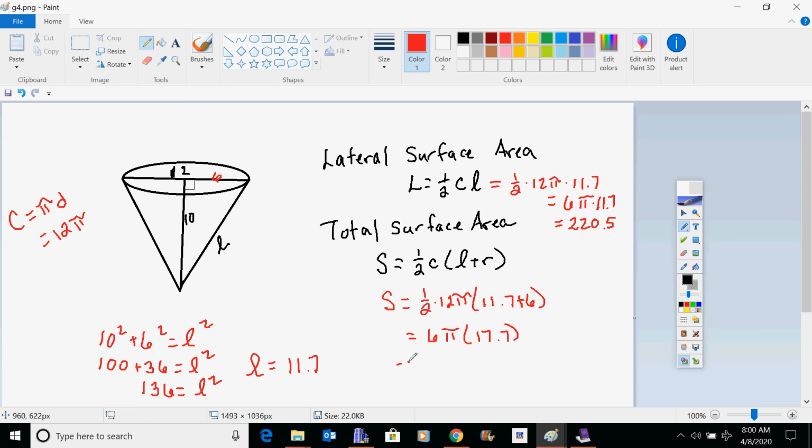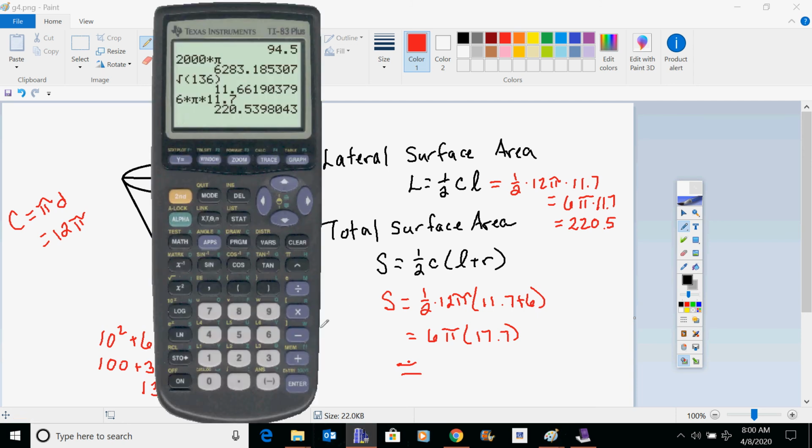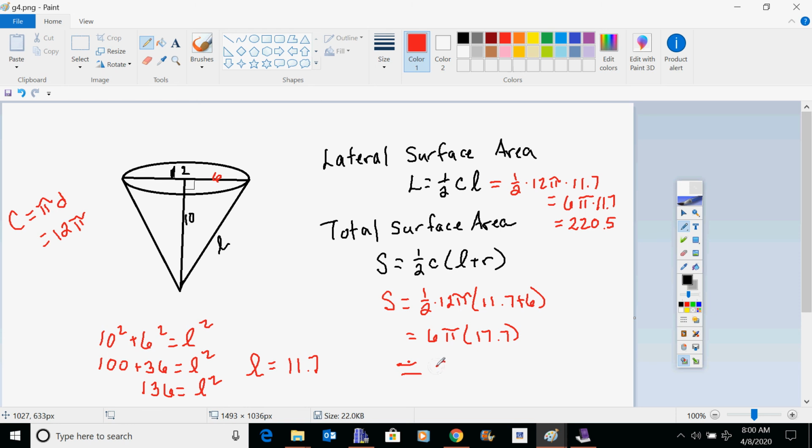We do the math. 6 pi times 17.7, sorry, and we get 333.6. Now these are both areas, so they're in square units, whatever those units might be.